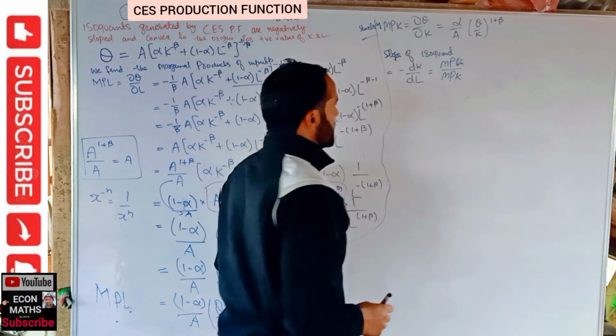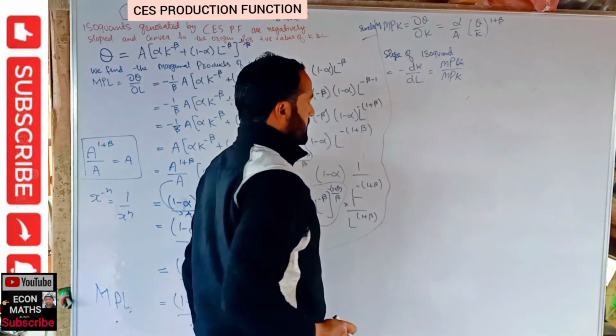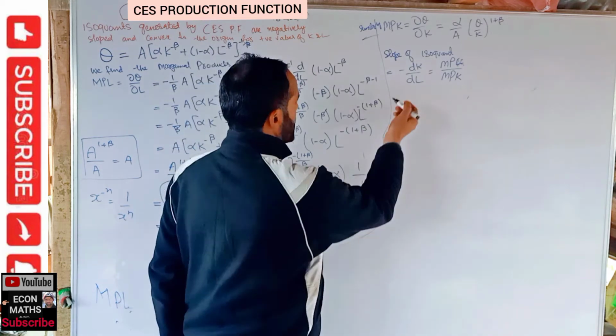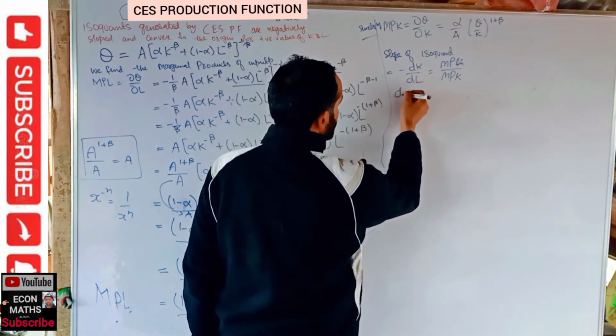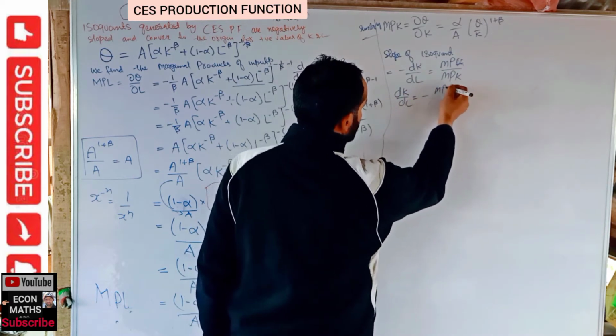That is the formula for slope: minus dK divided by dL is equal to MPL divided by MPK, or we can write that dK divided by dL is equal to minus MPL divided by MPK.